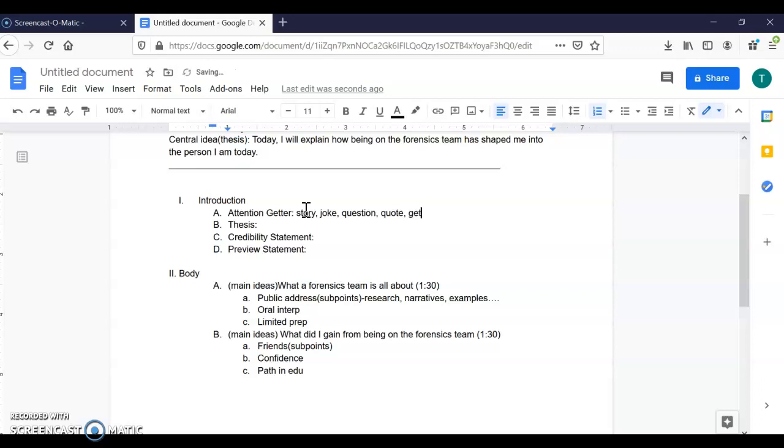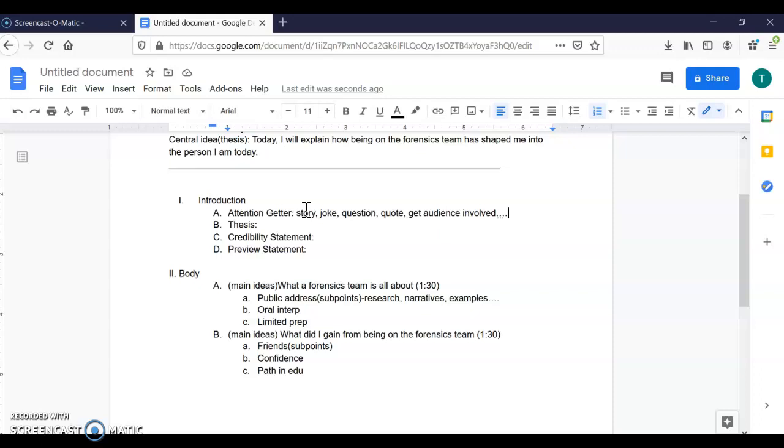You can get your audience involved. One time I had a student who was doing a speech about how being in the Rockford Ballet Company shaped them into the person they are today. They asked us to stand up, and she taught us the simplest, most basic move of a ballerina, and we all participated.